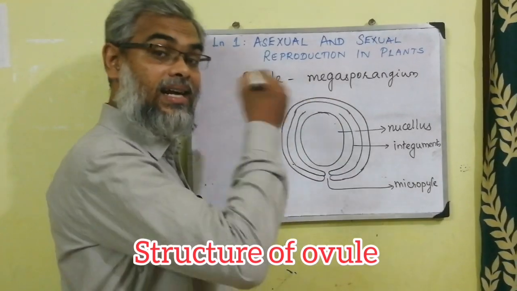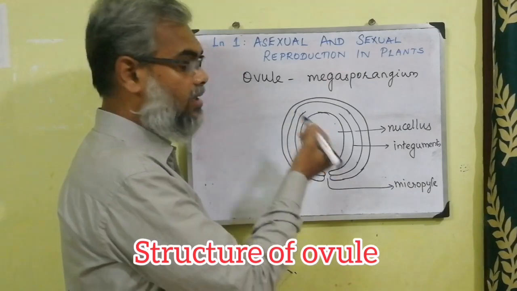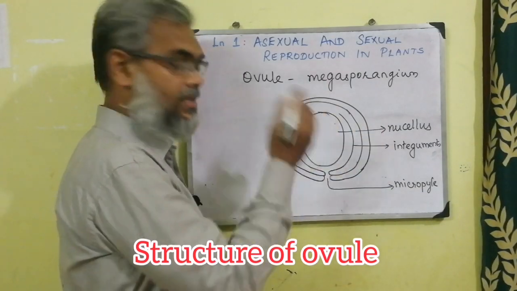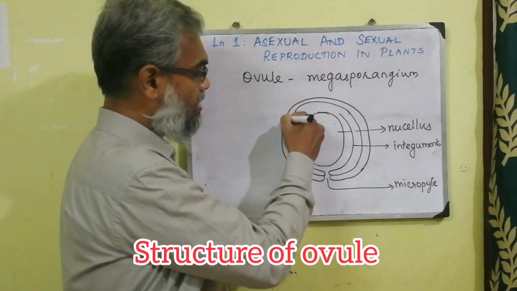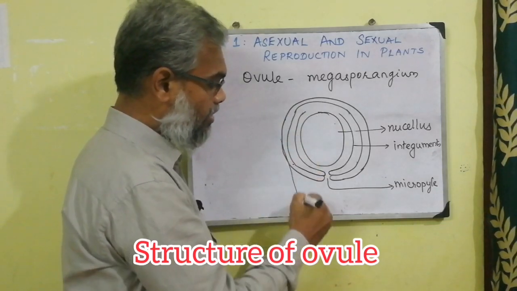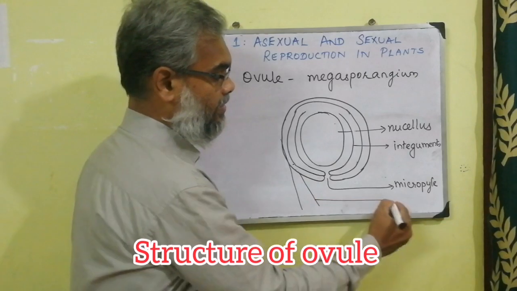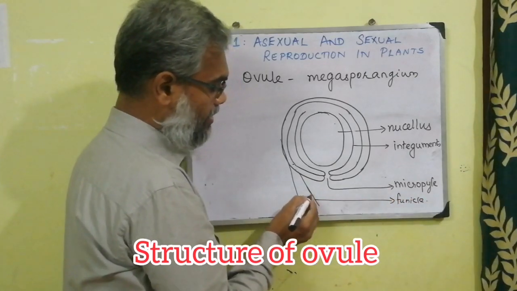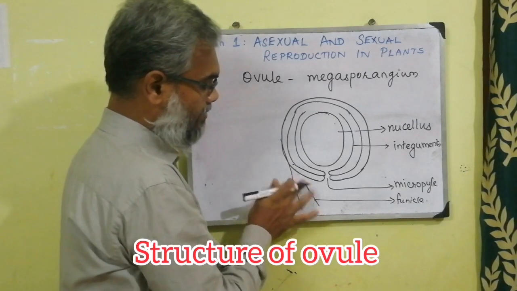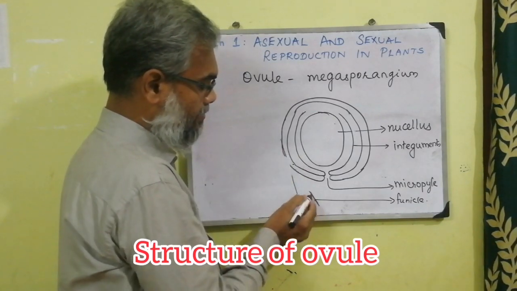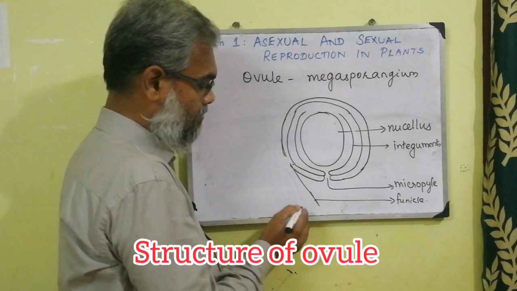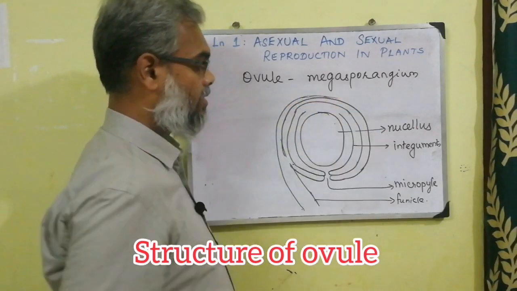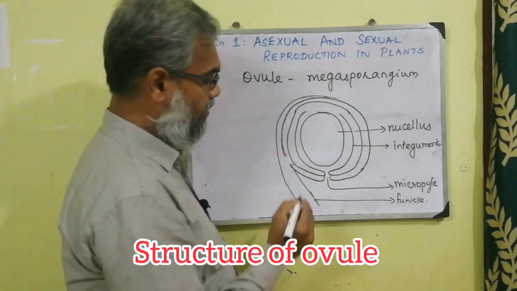This ovule is connected to the placenta by a stalk called the funicle.